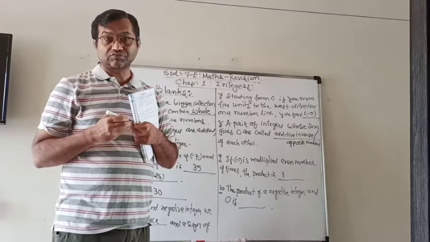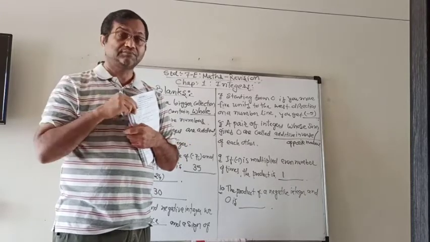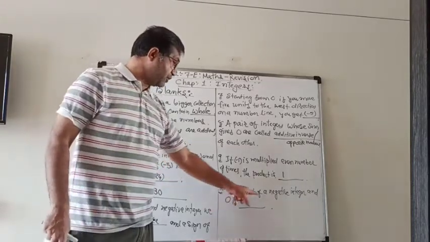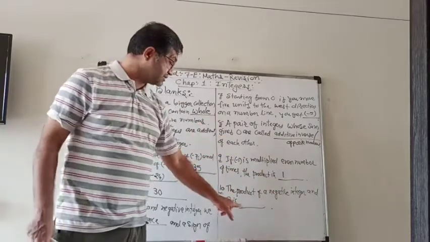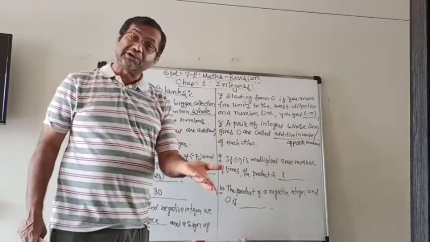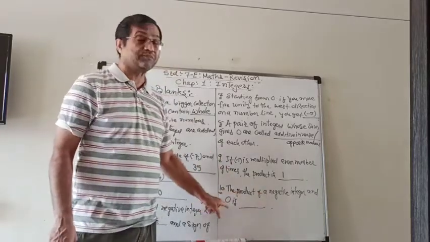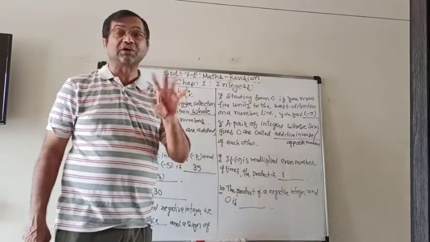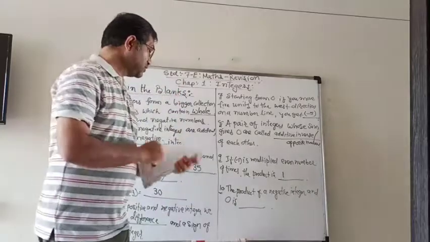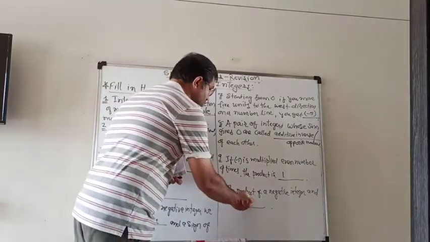Now sometimes the mind will divert. Product of a negative integer, you won't read 0. You multiply with negative, the answer is negative, so you will write down negative here. But 0, when you multiply any number with 0, what do you get? 0 again. So your answer is 0.